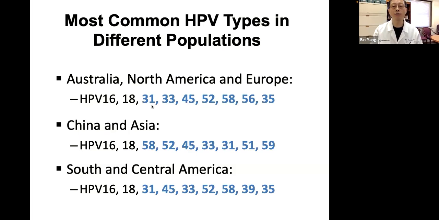However, if you look at the rest of the top 7 or 8 in the sequence, they're slightly different. For example, in China and Asia, you get 58, 52, 45 as the top 5 after 16 and 18, but in the US, 31, 33, and 45 are most common, which shares some similarity with South and Central America.